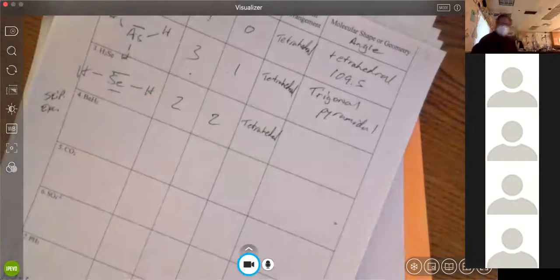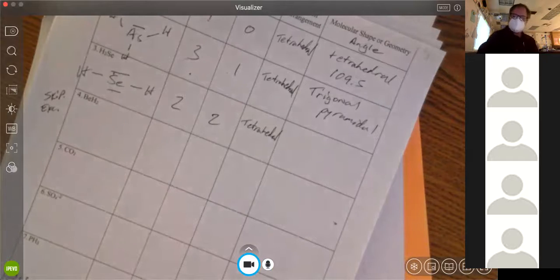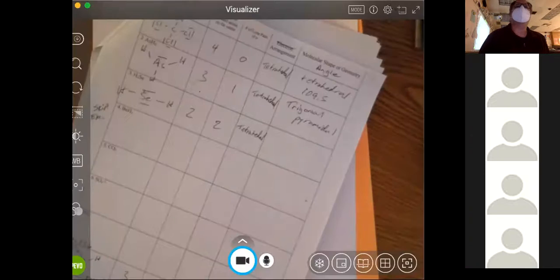Anybody at home? You can type it in once you get it. 2 bonded atoms and 2 unshared pairs.